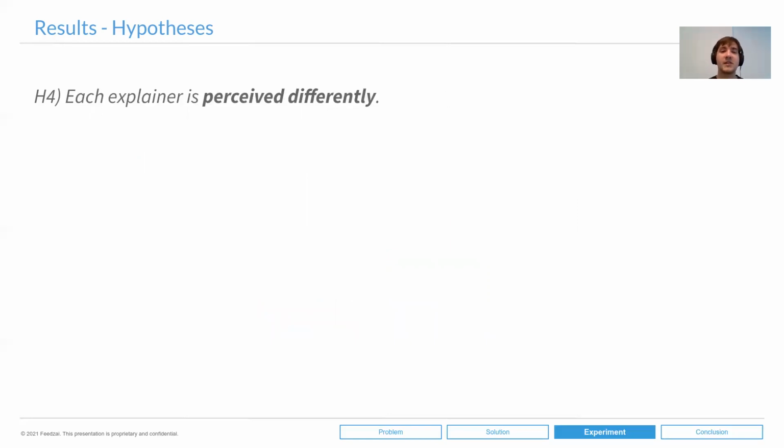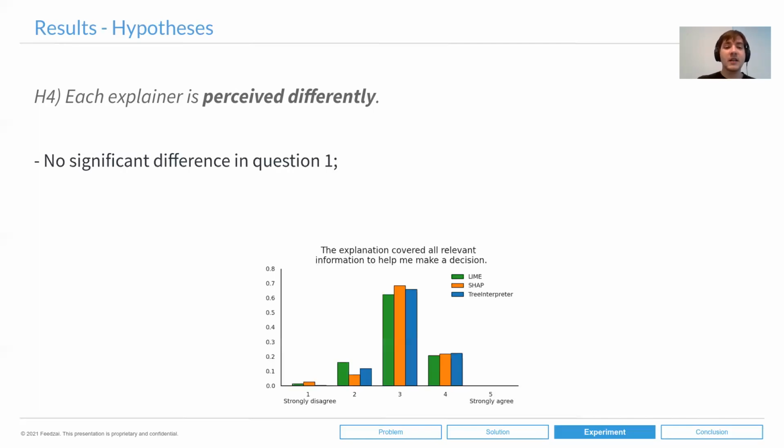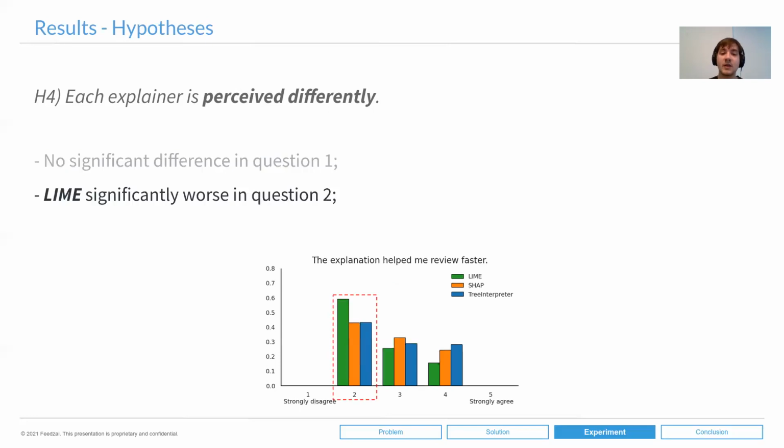The fourth hypothesis that we had was that each explainer was perceived differently by the analysts, and this was measured by the questionnaires. That was the objective of the questionnaires. On the first question, which was about the relevancy of the information, we did not observe a significant difference. On the second question, we did observe a significant difference, and this was relative to speed.